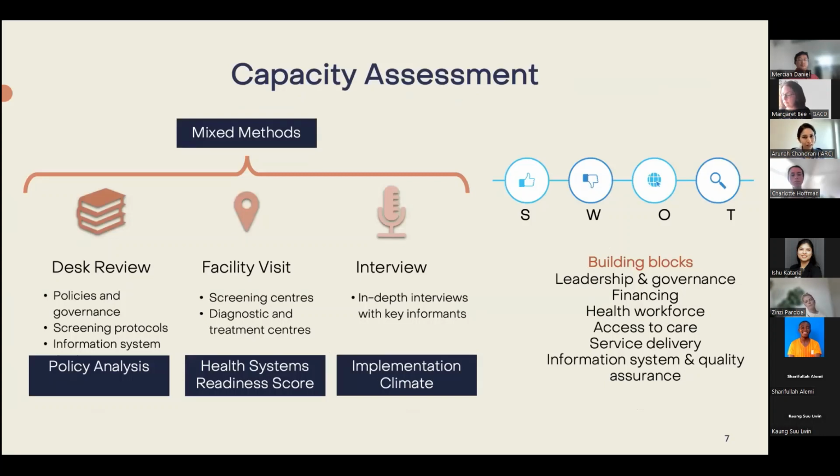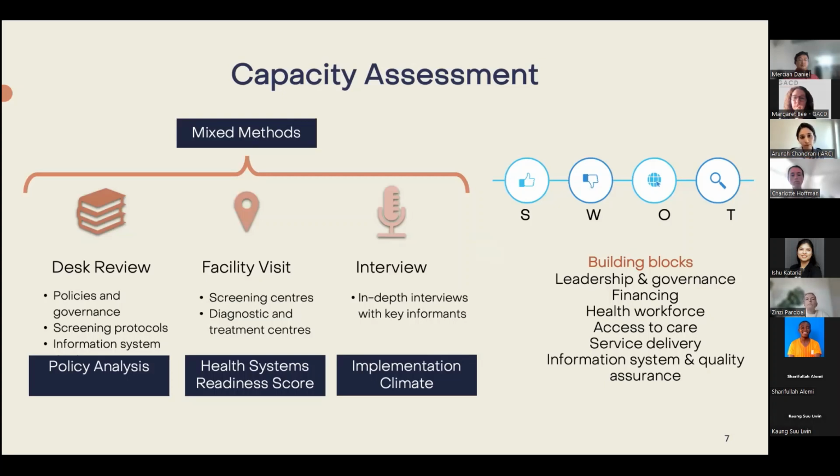And the next stage that we are doing right now is to look into the current policy analysis, the health system's readiness, and the implementation climate. We're doing this through not just desk reviews, but we will be visiting the facilities, and we needed tools to assess those facilities for different categories. We will be talking to the key informants who are involved in the current organization or service delivery.